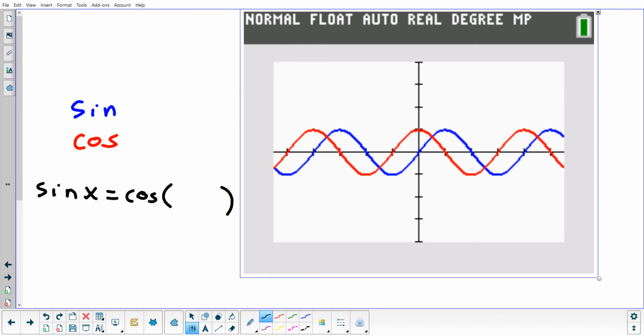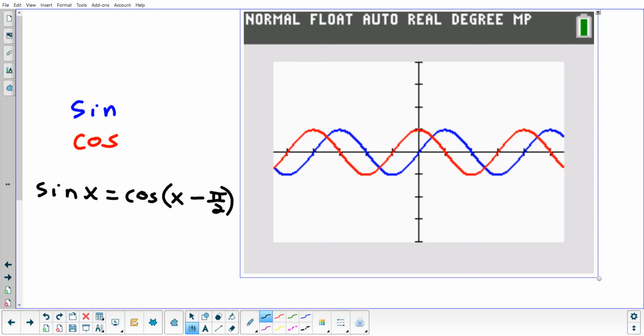Think about the function in red. What transformation would you do to the graph in red to turn it into the graph in blue? Tell me in general first, which way would you shift the graph in red? Right. Okay, you'd shift it right, so we're definitely going to do a minus. That will shift it to the right. And the amount of the shift is pi over 2.